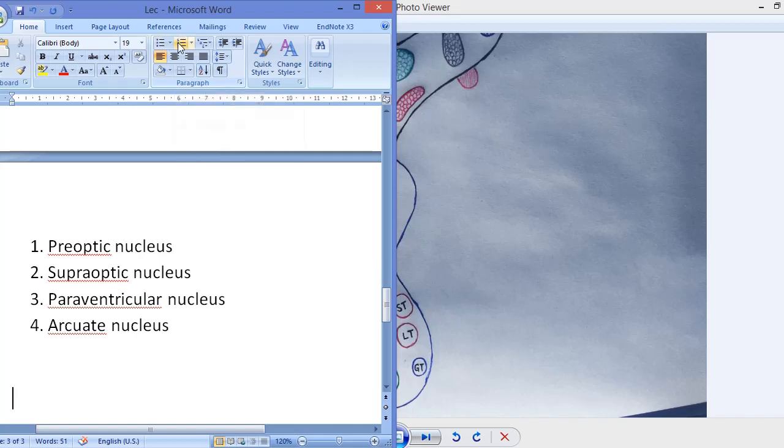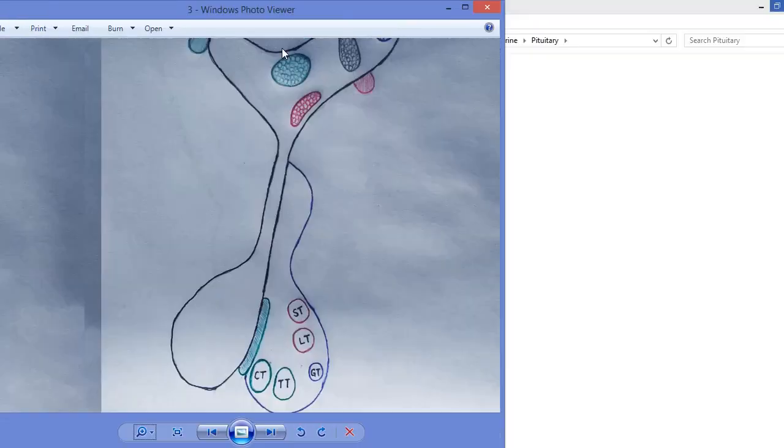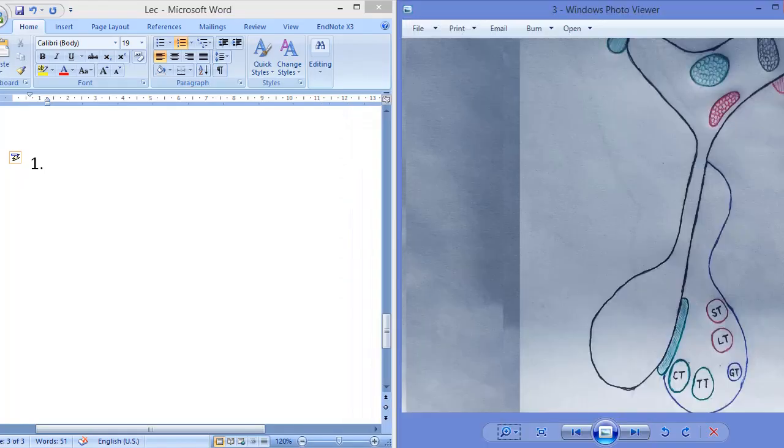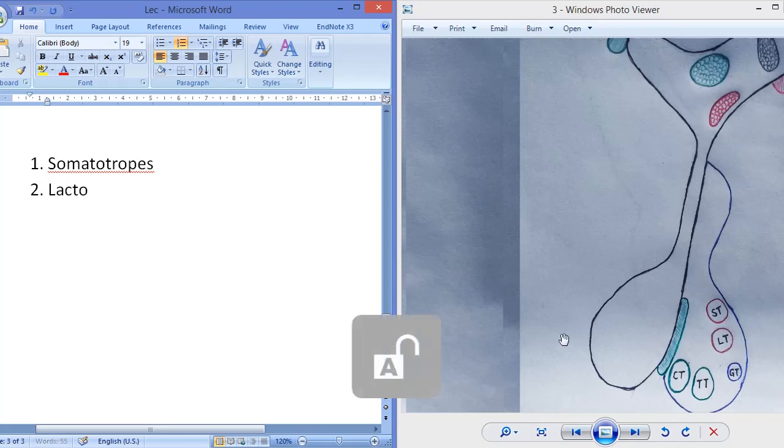The next one is the lactotrope. This one represents the gonadotrope.